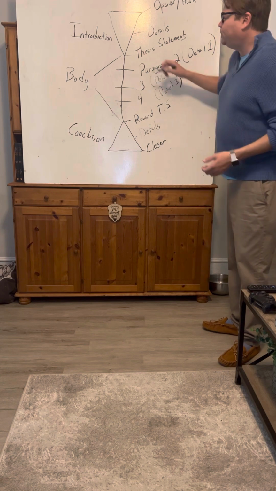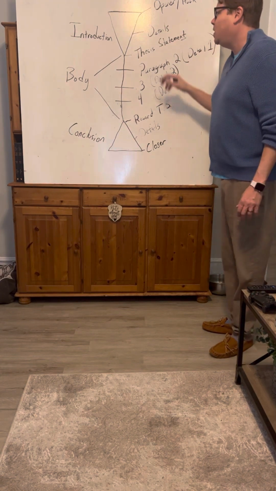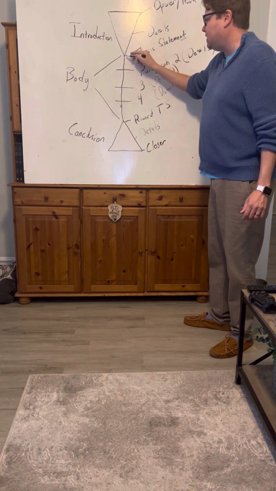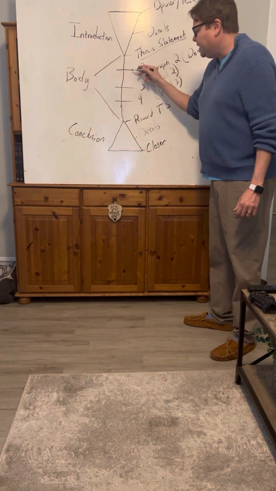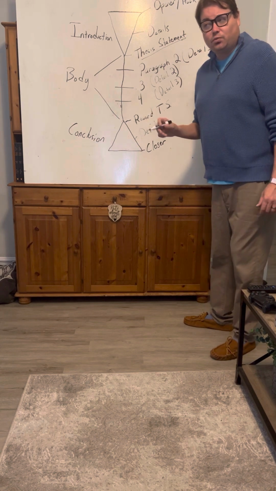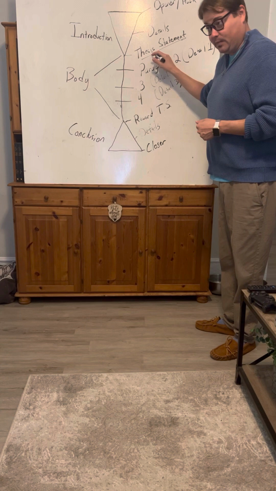All right, so we have our upside down triangle for our introduction, where we start broad and then progressively get more detailed until we have our thesis statement. Each one of these little hash marks represents one of your body paragraphs, which will have supporting detail that backs up your thesis statement.